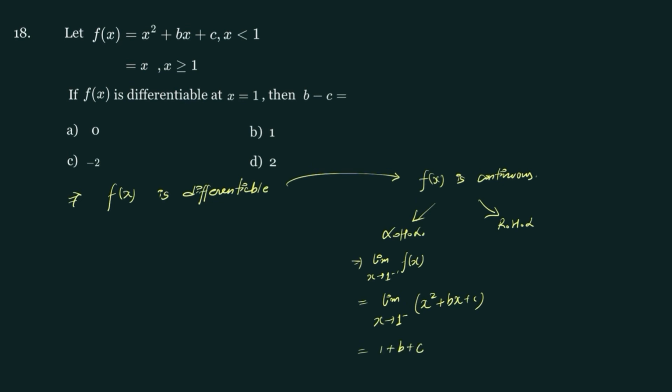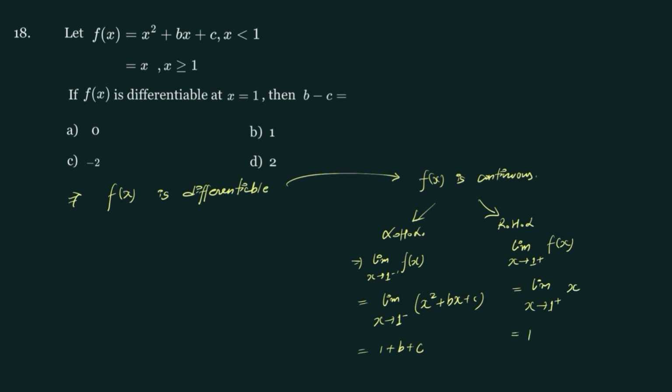So this is my left hand limit. Now let us find the right hand limit: limit x tends to 1 plus f of x. When x is approaching 1 from the right hand side, my function is simply x. So here it will be 1.